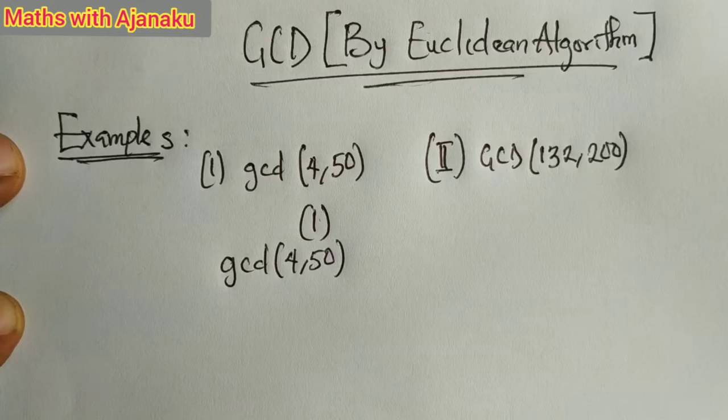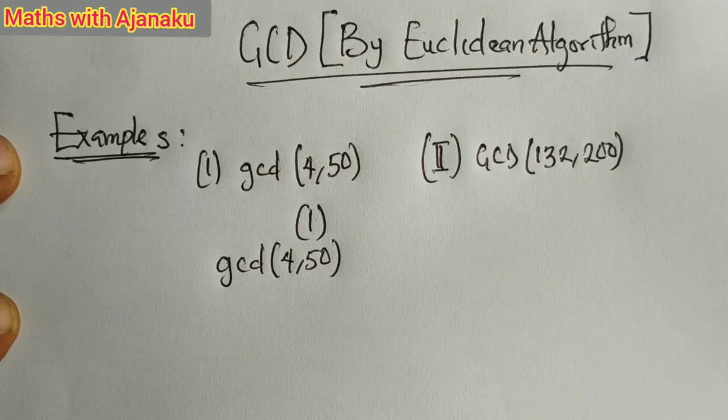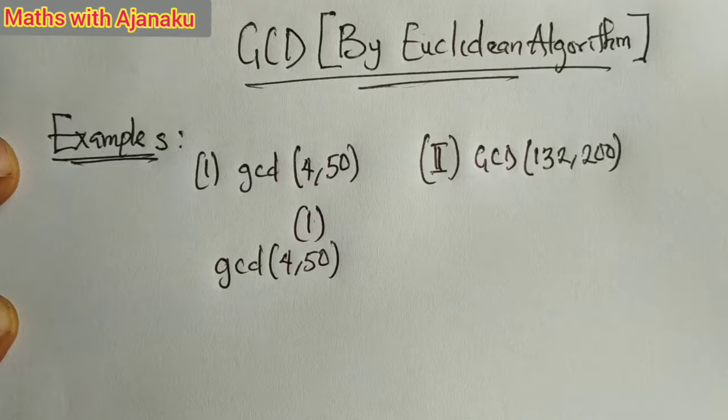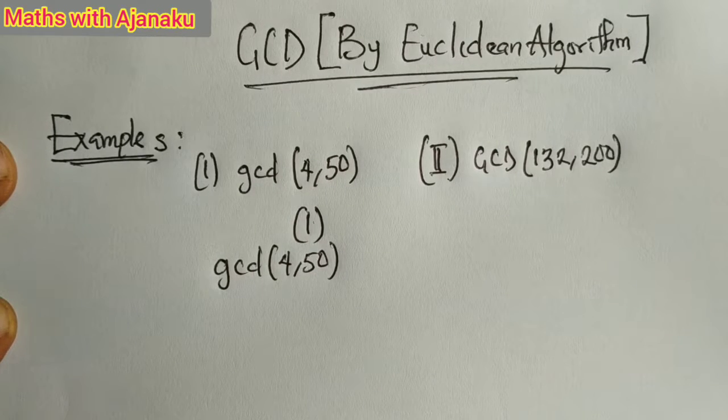Without much stress, one can easily see what the GCD of 4 and 50 is. Of course, the HCF of 4 and 50 is 2, because that is the highest common factor we have in 4 and 50.